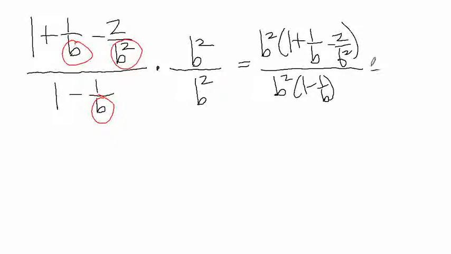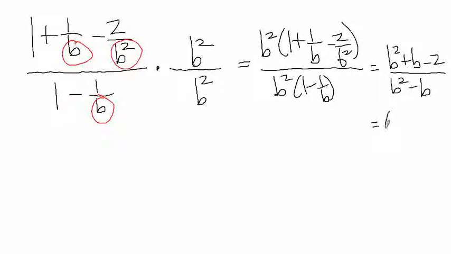Okay? So distributing the b squared into the parentheses on top gives b squared plus b minus 2. And on bottom we get b squared minus b. That's already a lot nicer than what we had before, right? However, it gets better. You can continue to simplify. Now you can try factoring.